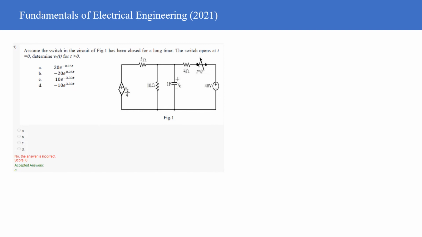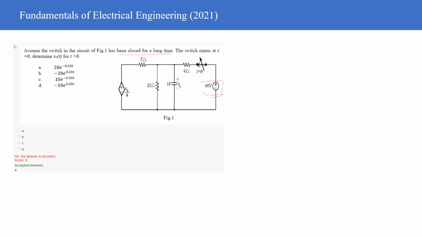So the first question is regarding the transient operation of a capacitance, right? So a capacitance is there and it's charged for a substantial period of time. And then it is saying that the capacitance is being disconnected from the independent power supply, right?